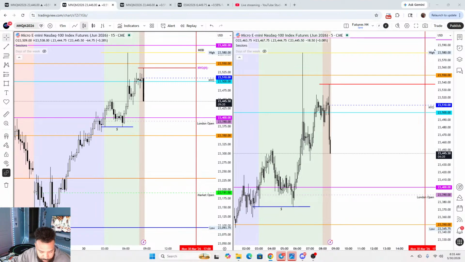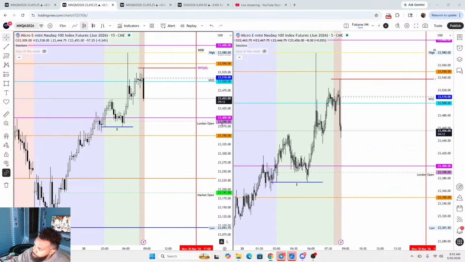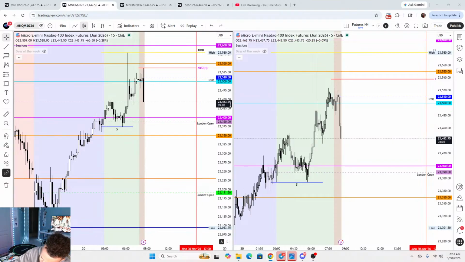All right, really nice weakness here on ES. And so we'll see what we get. I'm still just being patient, no trade on the board for me yet. First 5 minutes, bearish. So.